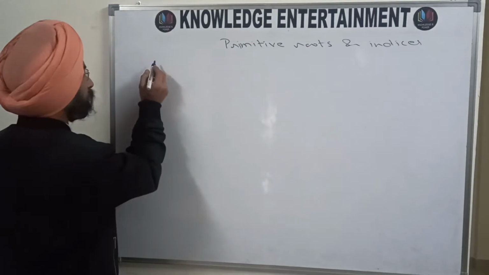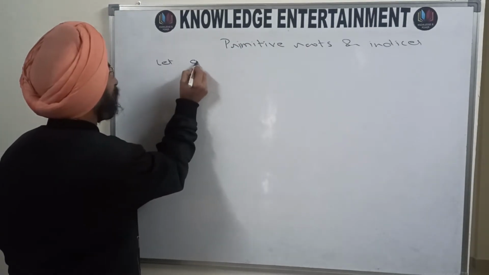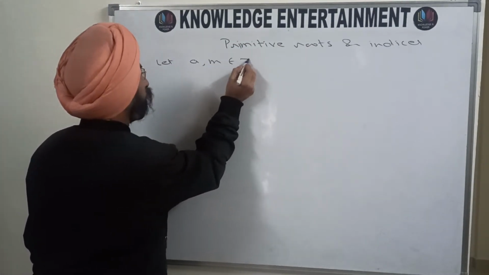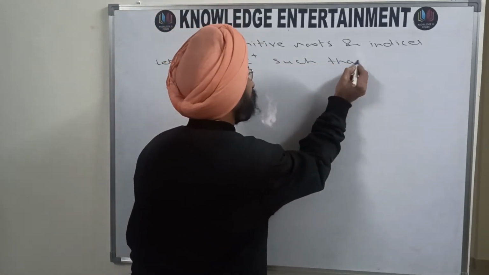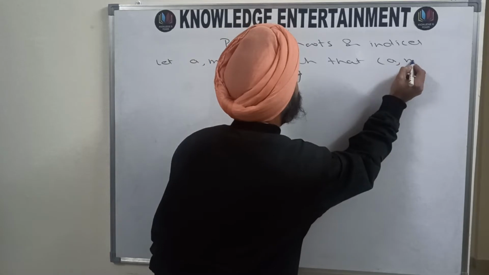So let a and m be positive integers such that GCD of a and m is 1.